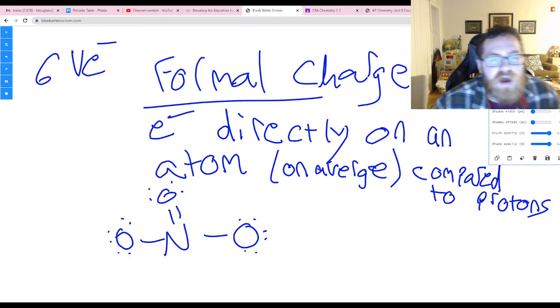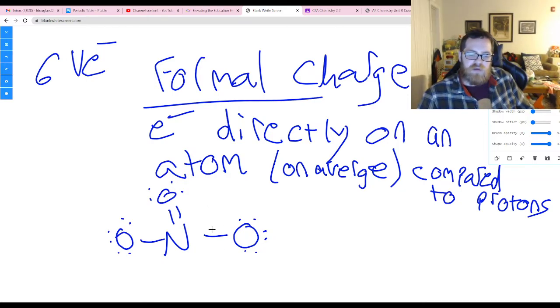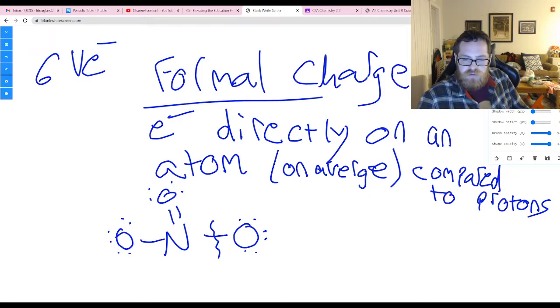However, if we look at this oxygen, we see it has a different number. Now, in total, it has 8 through covalent bonding, but these aren't going to always be on nitrogen. In fact, when we talked about how they technically aren't due to polarity, for formal charge, we assume they are evenly shared.